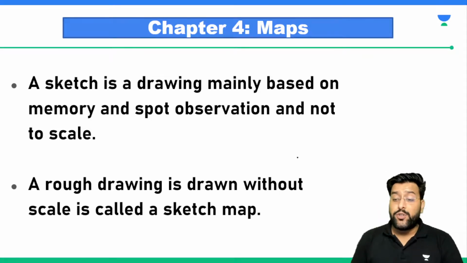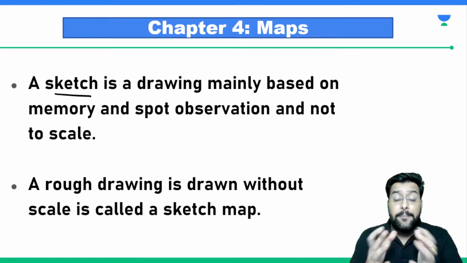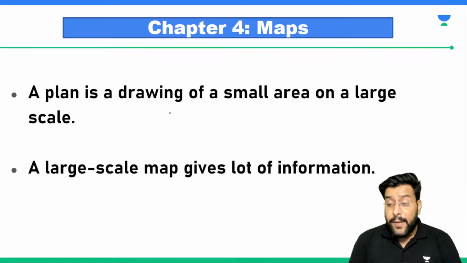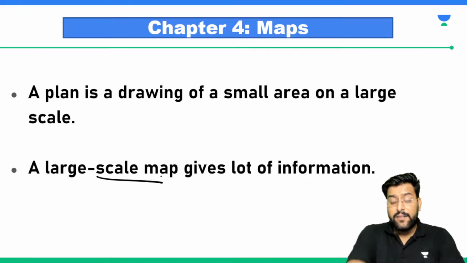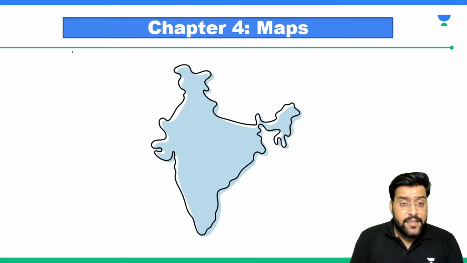Then the last portion of this chapter is a sketch and a plan. Sketch is a rough representation of anything. And then we have something known as a plan. Plan is something that is large scale. So this is one image of map and this is another that I'll draw.